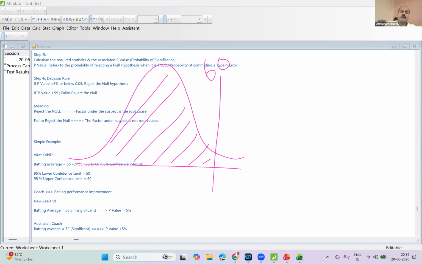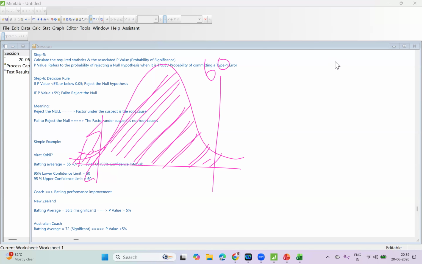Now this left side I want to ignore, I don't want to consider this entire interval. So for the time being, let us assume that in 95% of the matches Kohli has maintained his average below 60, but in 5% of the tournaments he is able to maintain a batting average above 60. Clear?